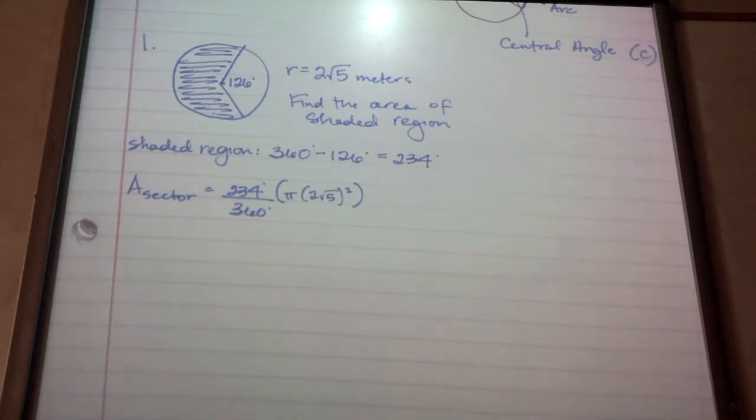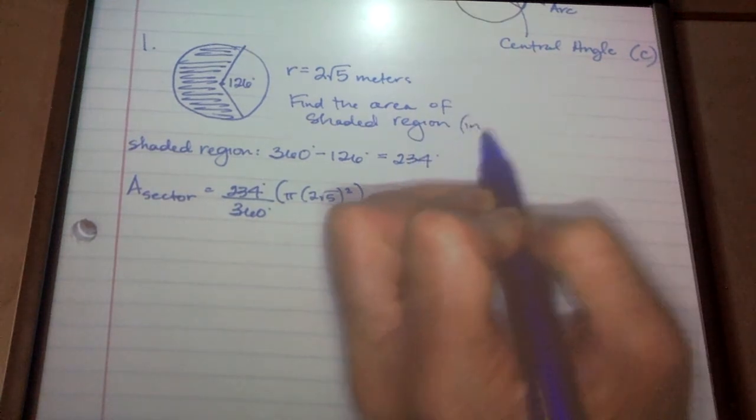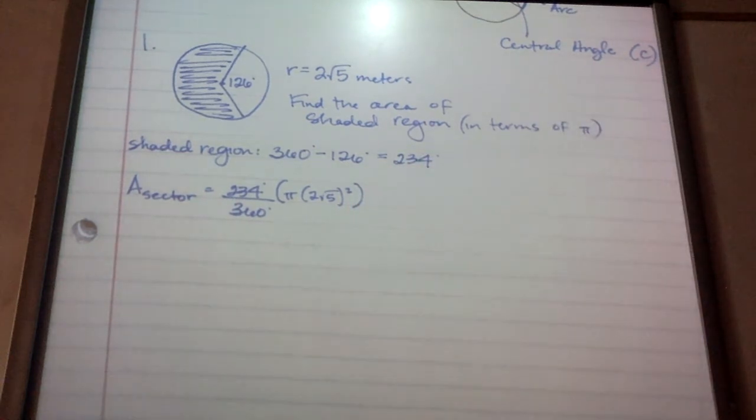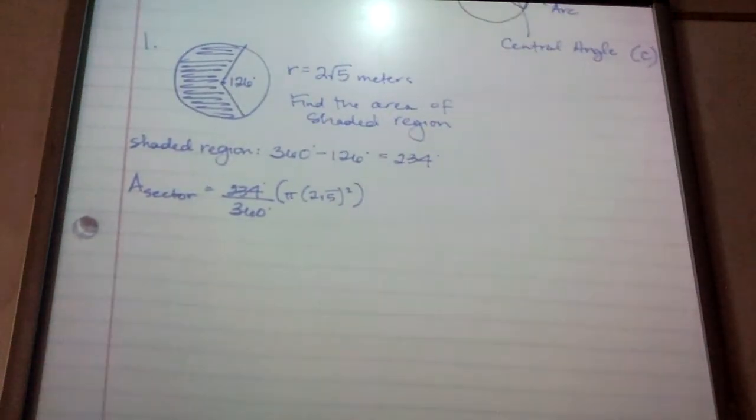So here's how I did it, and you don't have to do it the same way, but they did want to find the area of the shaded region in terms of pi. You could also leave it in a decimal form. I'm going to do both ways. Okay? So here we go.